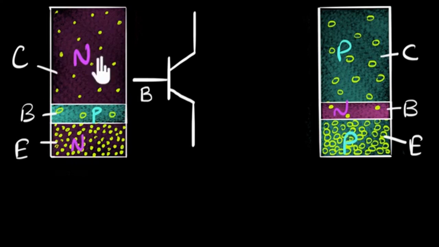So here's how we do it. If you look at an NPN transistor, when it's working like an amplifier, these electrons get emitted from N to P, right? And as a result, there's a current from P to N, right? Because electrons are negatively charged particles. So that results in a current. Let me use the green itself.